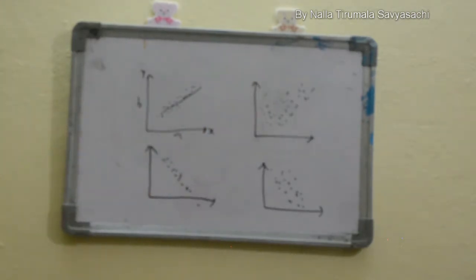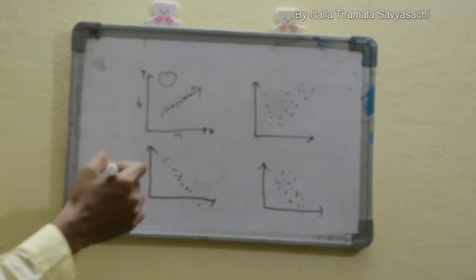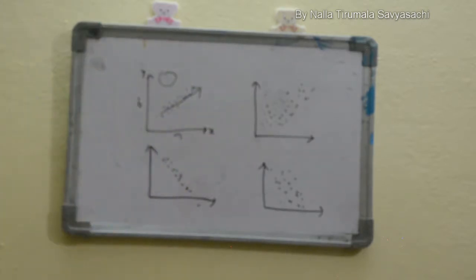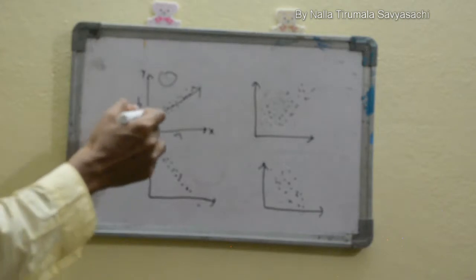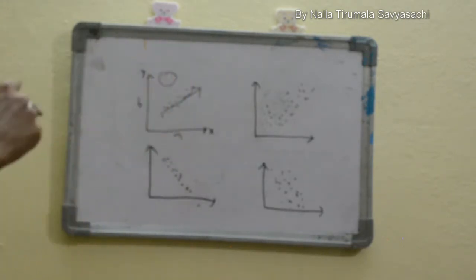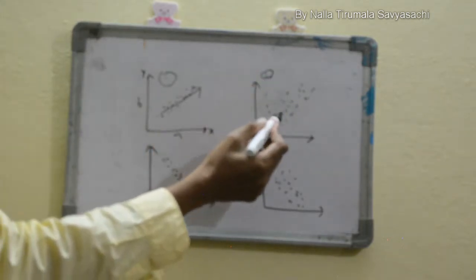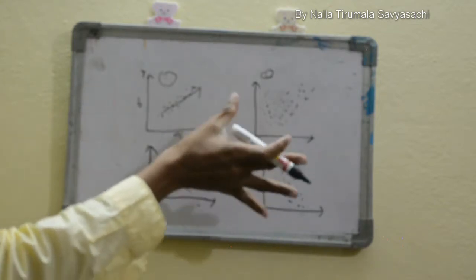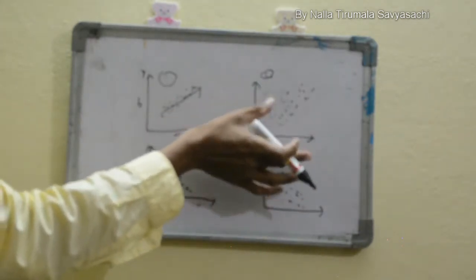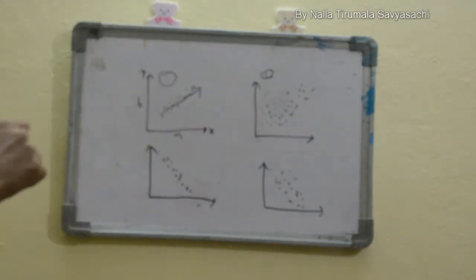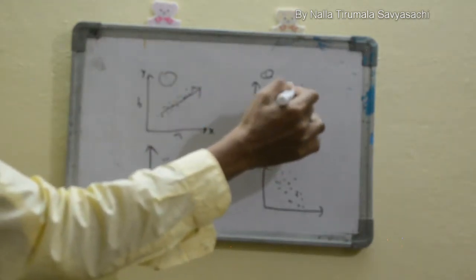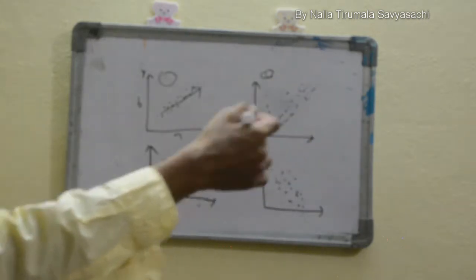So in the first case, we can say both A and B have a strong linear relationship with positive slope, since it is moving upward. If you consider the second graph, we can clearly see the data points are distributed and occupy much more space compared to this one. Here we can draw many lines, right?